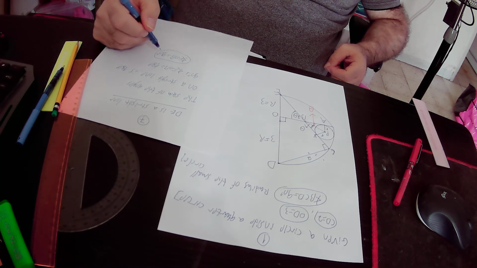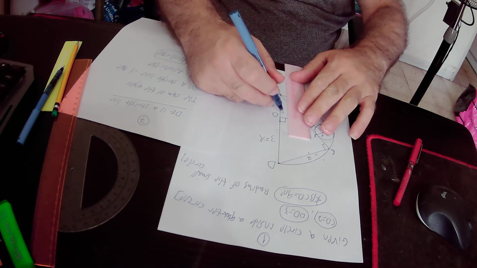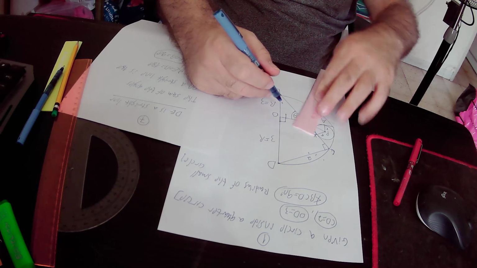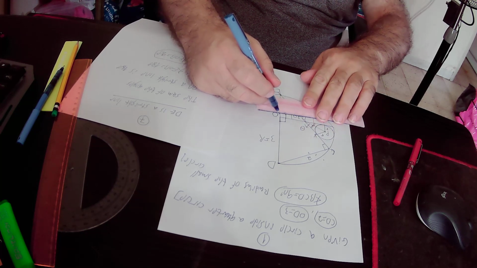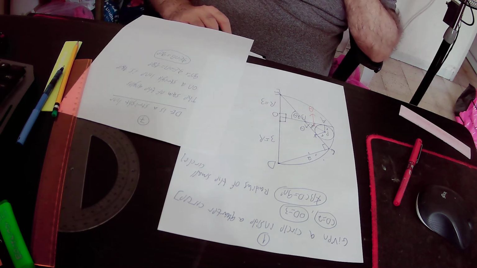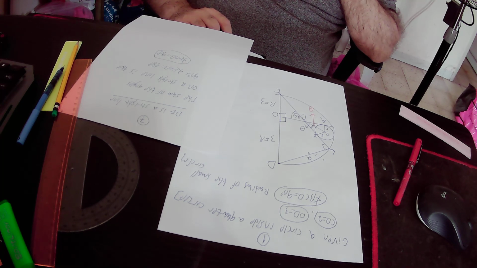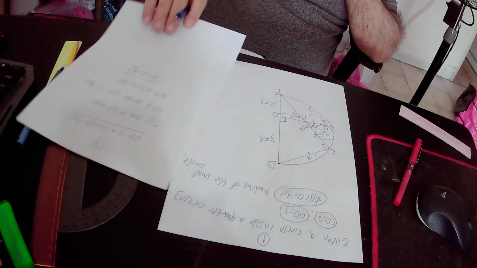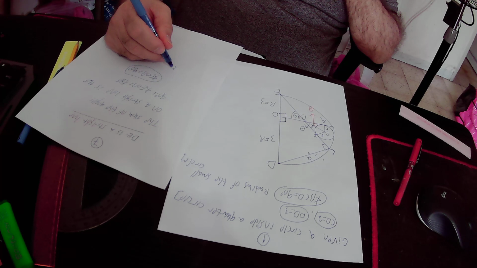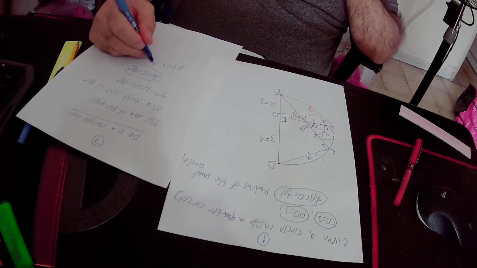Angle EOB is a right angle. And therefore, the small triangle EOB is a right triangle.